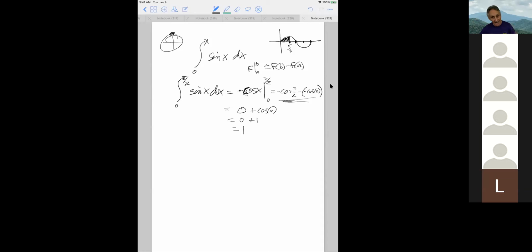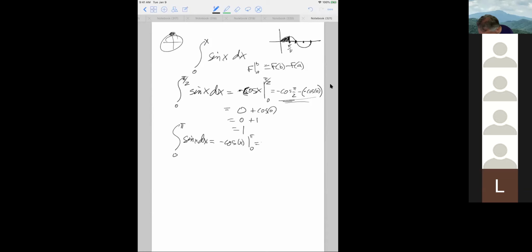All right? Now, it's symmetrical. The sine function is symmetrical. What do you expect it to be when you continue on to pi? Let's do this. I think this is a good example of some things. So the integral from 0 to pi of the sine of x, dx, is going to be negative cos of x from 0 to pi this time.